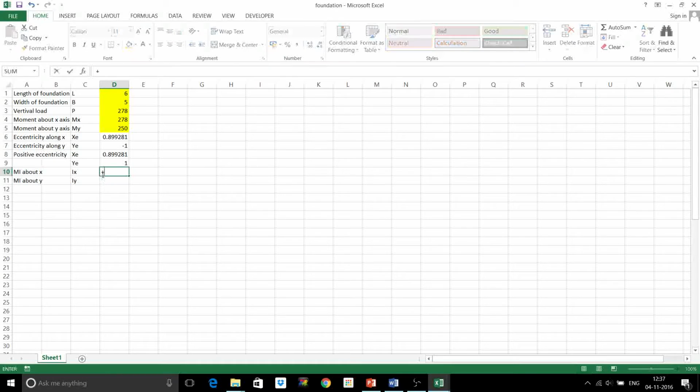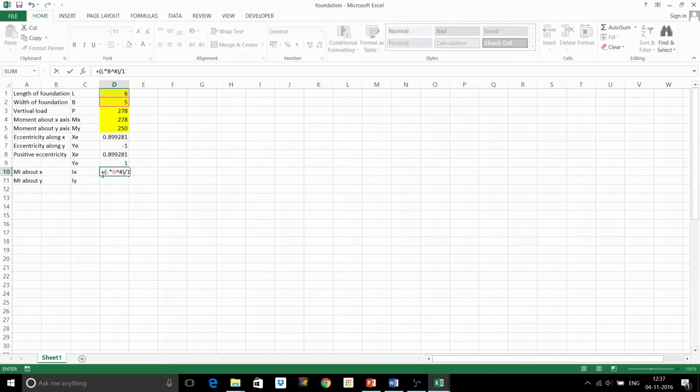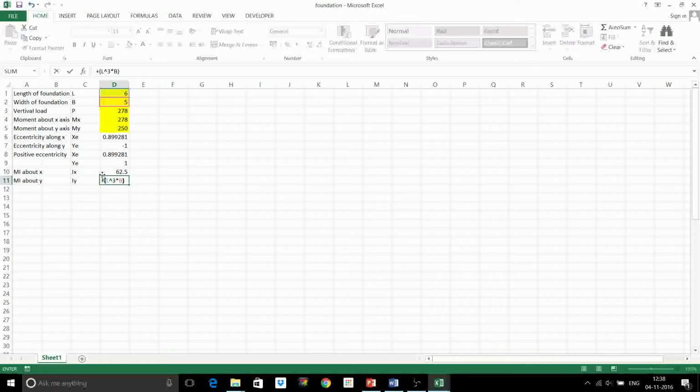So IX will be L into B cube by 12, and Iy will be Q into B by 12.